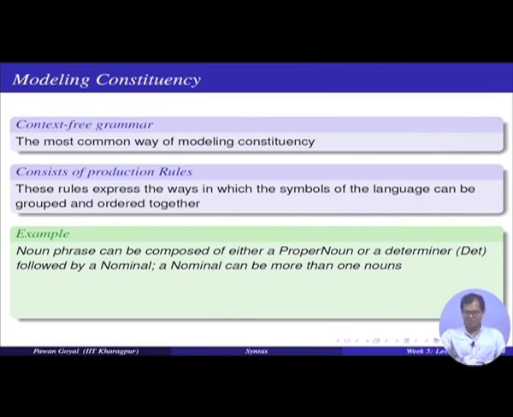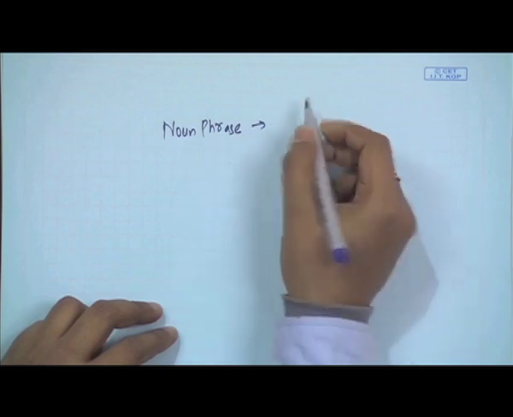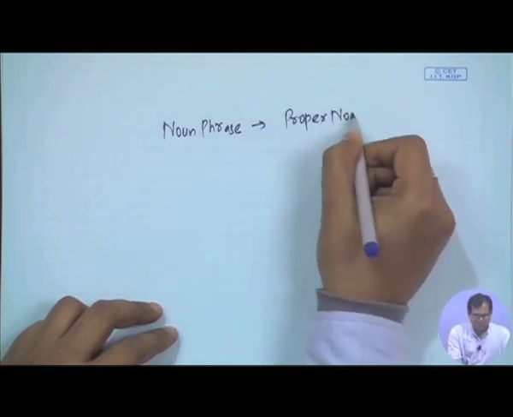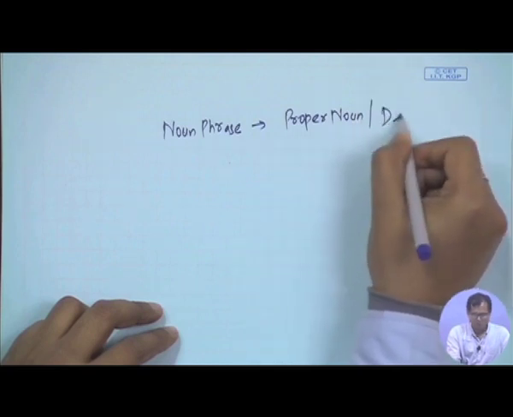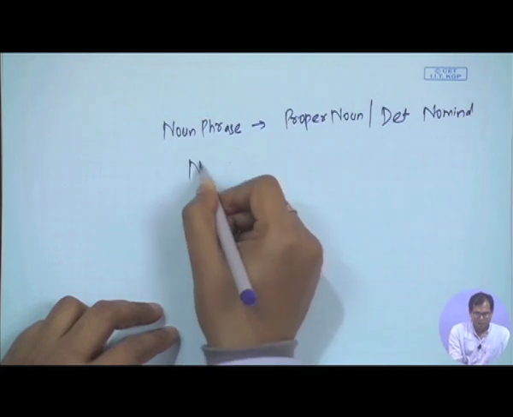So how do I write it in context-free grammar? I will say noun phrase goes to proper noun or determiner nominal. And what is a nominal?